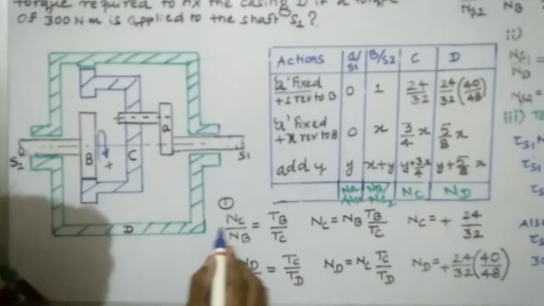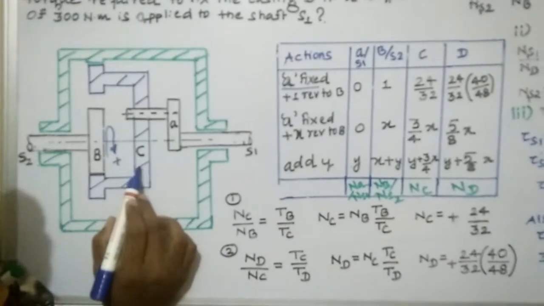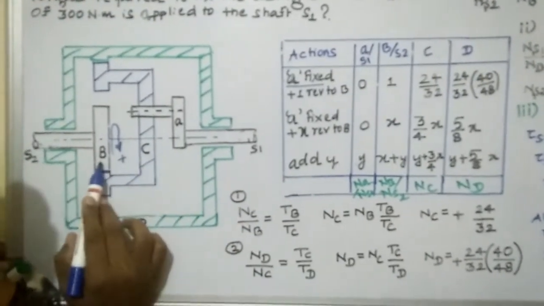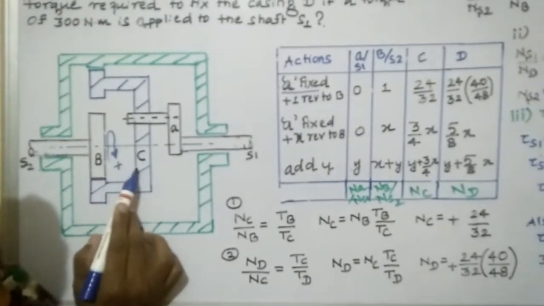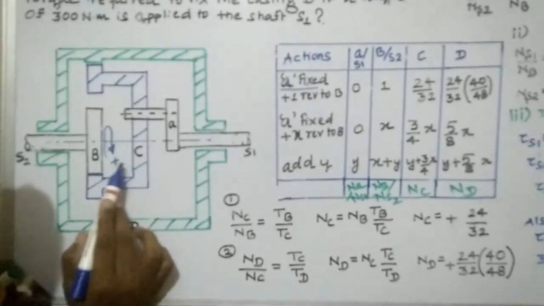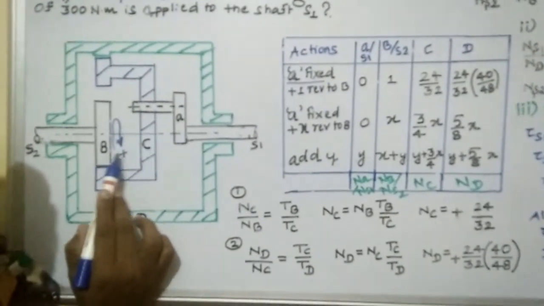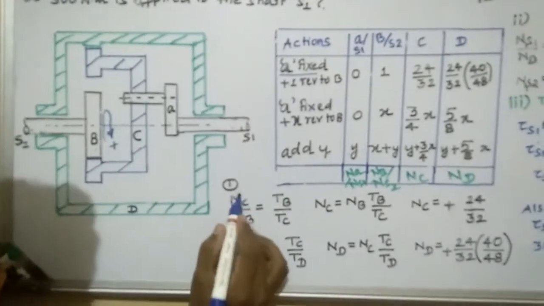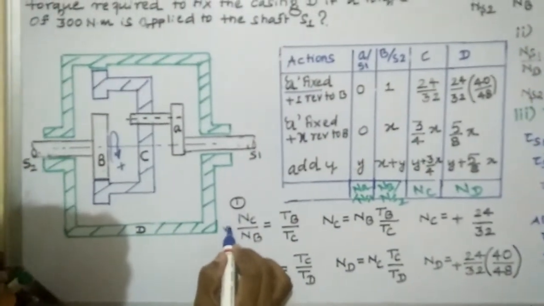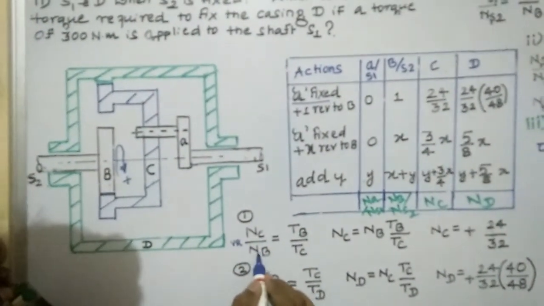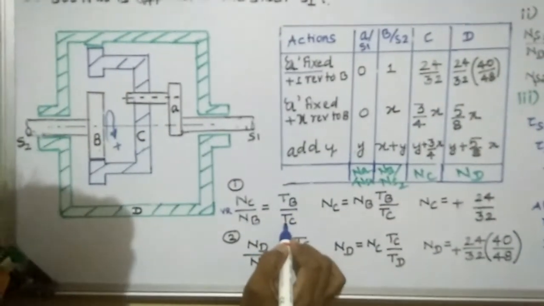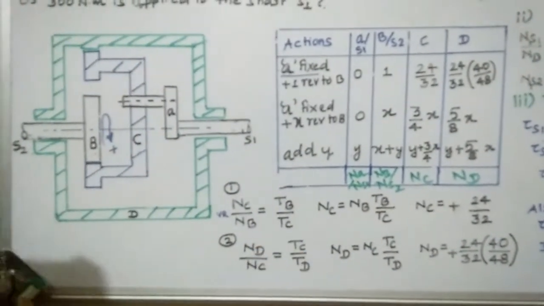Look at the figure. B is directly connected to C only. B becomes the driver, C becomes the driven. Taking the velocity ratio, NC by NB equals TB by TC, that is a reciprocal.